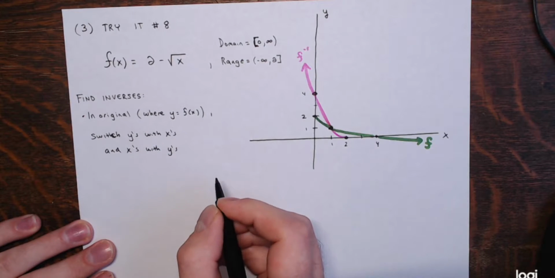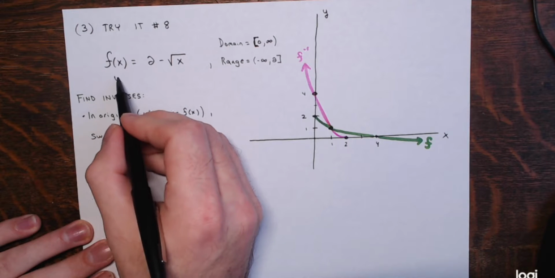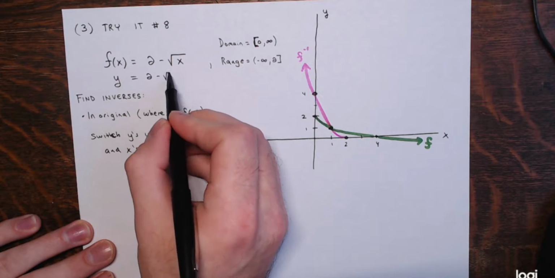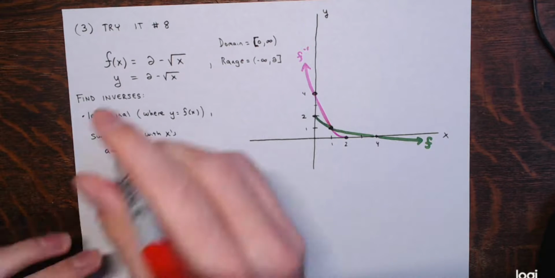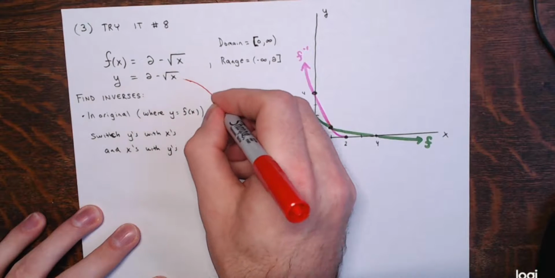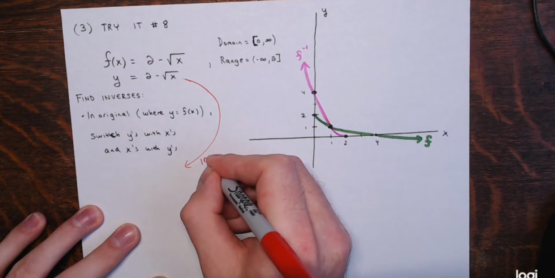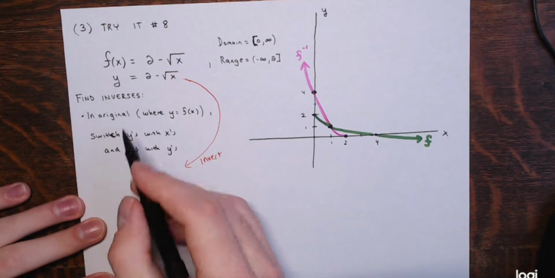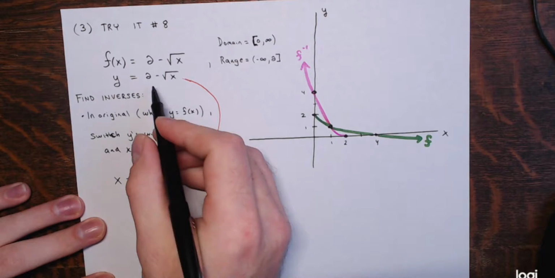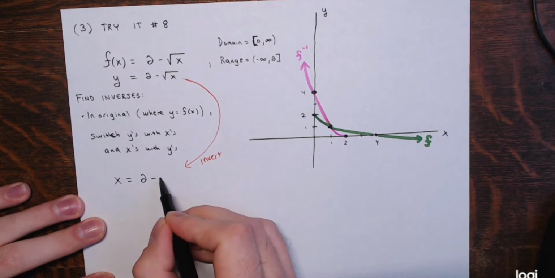So this equation I'm going to write like this: y equals 2 minus the square root of x. It's the same thing, y represents f of x. And now I will do the inverse. We're going to invert this, and it becomes the following equation. Instead of y equals 2 minus the square root of x, y's become x's: x equals 2 minus the square root of y.